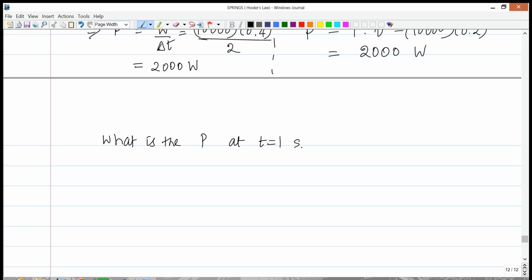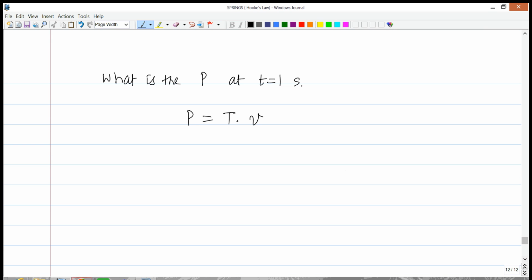So how much power should the motor that is pulling the cable have to deliver at exactly that 1 second mark? Now again, our method is very simple. In order to find the instantaneous power, all we need is the tension, which we already have, which is the force, and we multiply it by the instantaneous velocity at 1 second. So let us find the instantaneous velocity at 1 second.